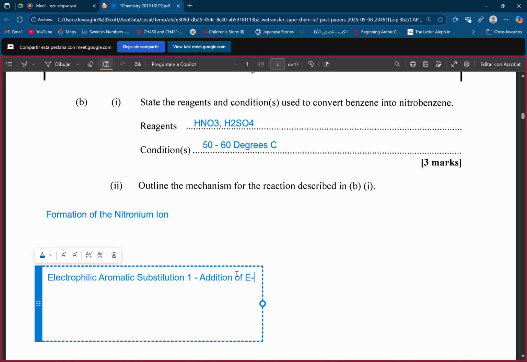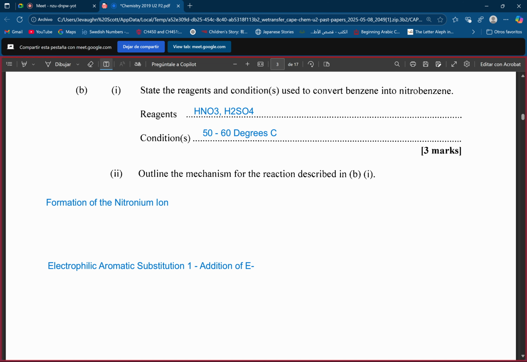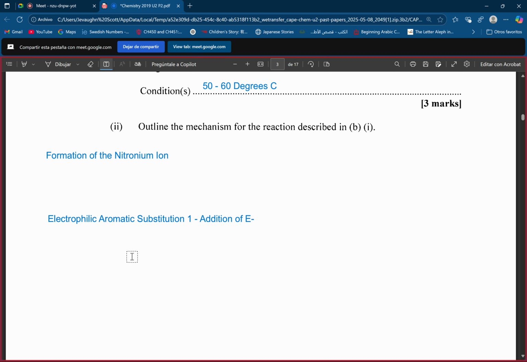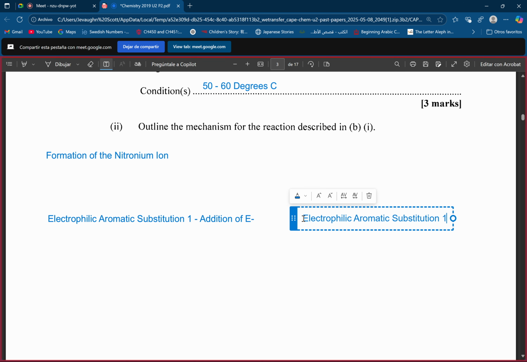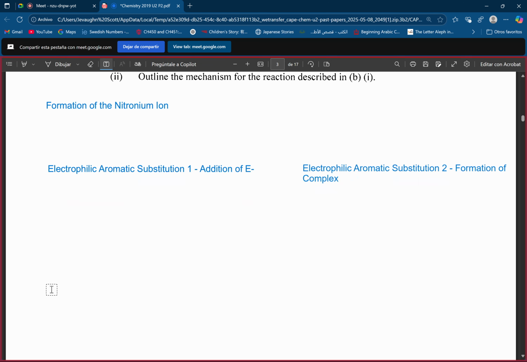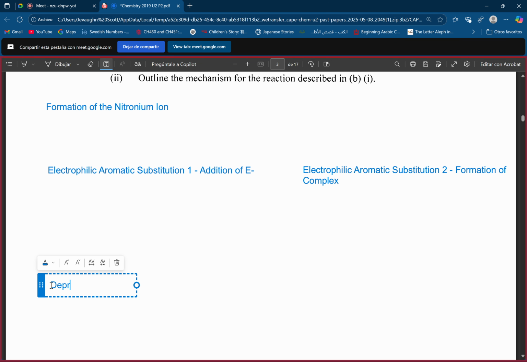So that would be the first part of this. Then potentially the next step would be the formation of the sigma complex. And then we're gonna end up with the last step being what? Deprotonation also. Alright. Deprotonation.